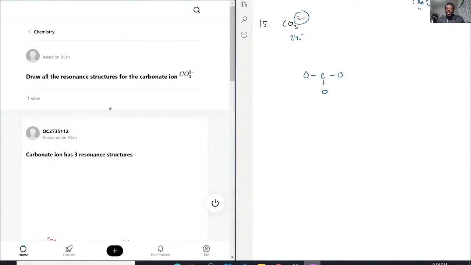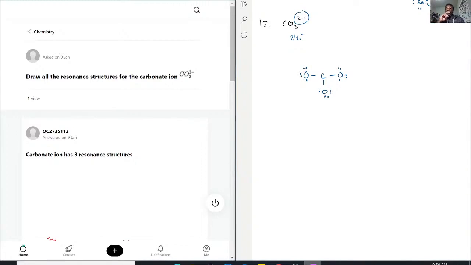And now we're going to try to fill in the rest of the valence electrons based on what it has left. Oxygen right now is sharing 1 of its 6, so 2, 3, 4, 5, 6. Same thing here, 2, 3, 4, 5, 6, 2, 3, 4, 5, 6.